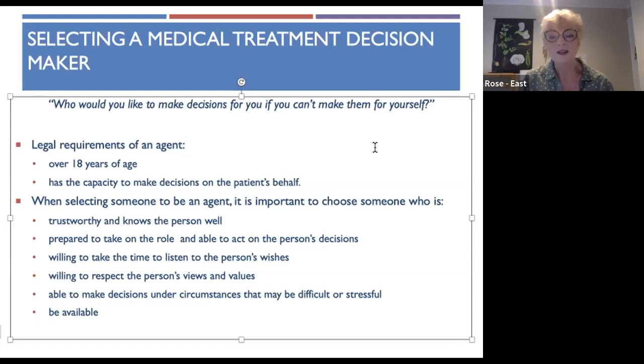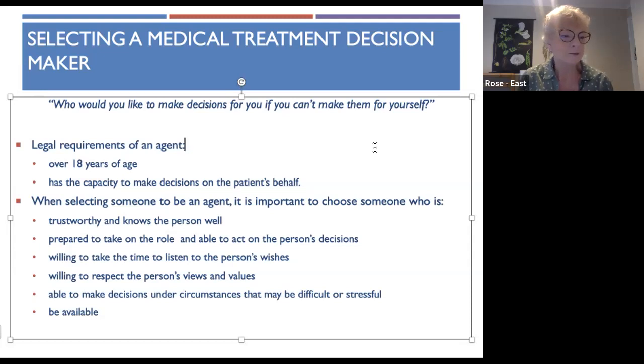Are they going to honour what you've asked them to do? Are they going to chicken out at the end and say, no, I don't want to make that decision, it's too hard, or I don't want to let her go, or whatever it is? So it's got to be someone that you can trust to step up and be that person when you need them.